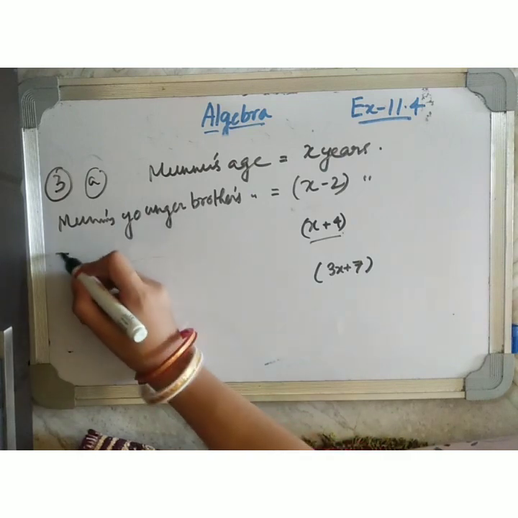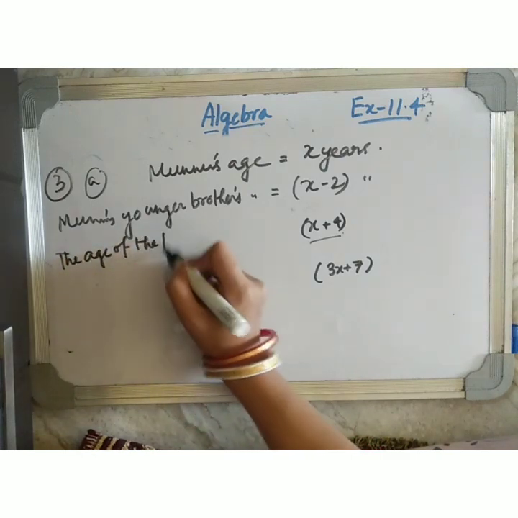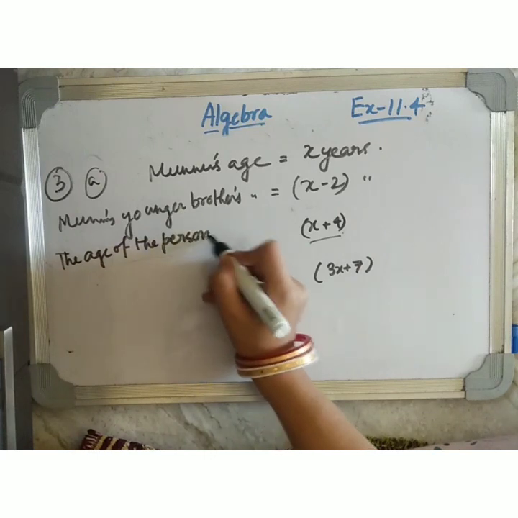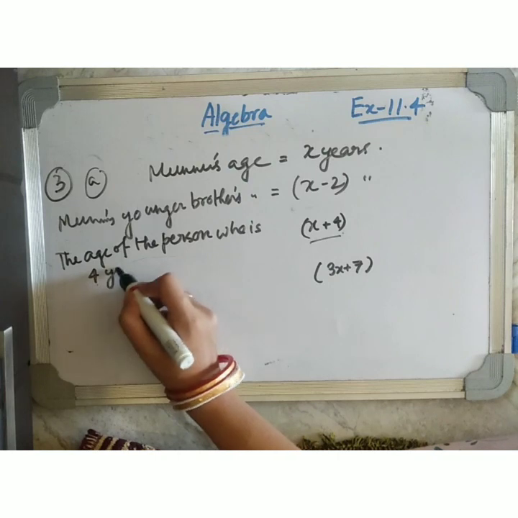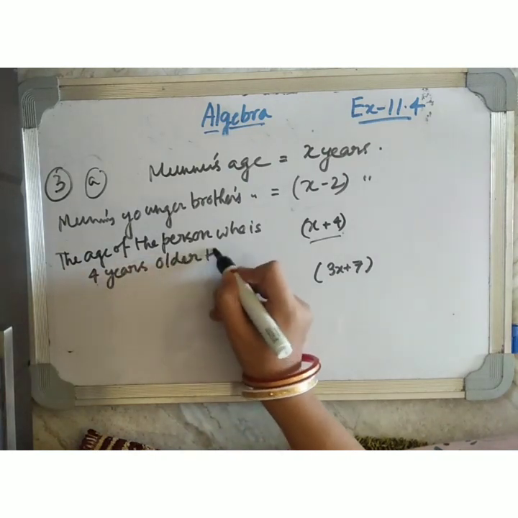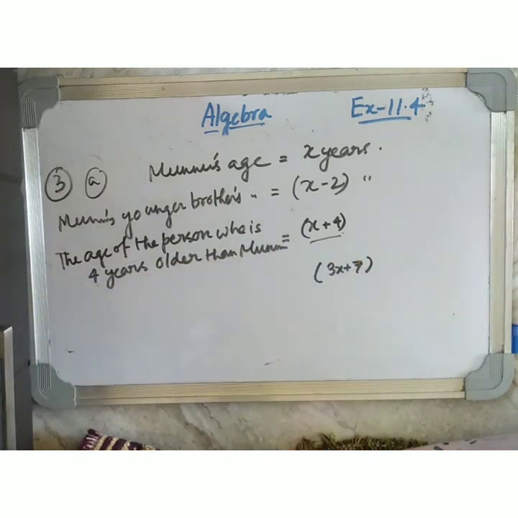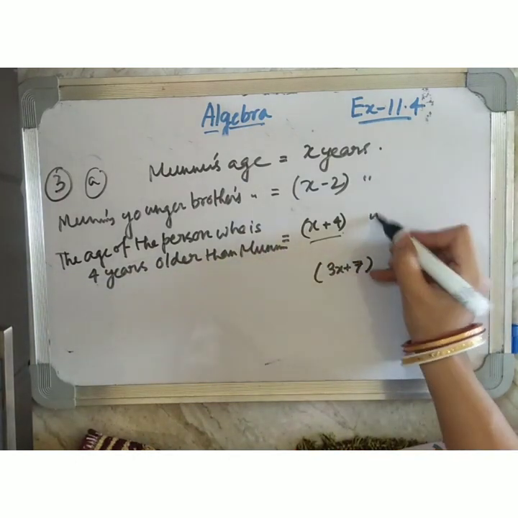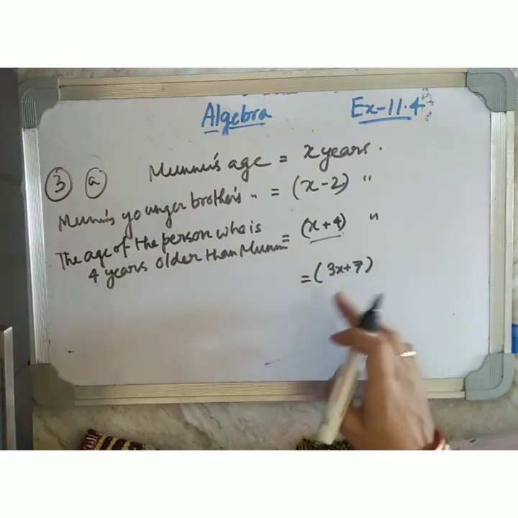Okay, so let's write the age of the person who is 4 years older than Munnu: X plus 4 years.